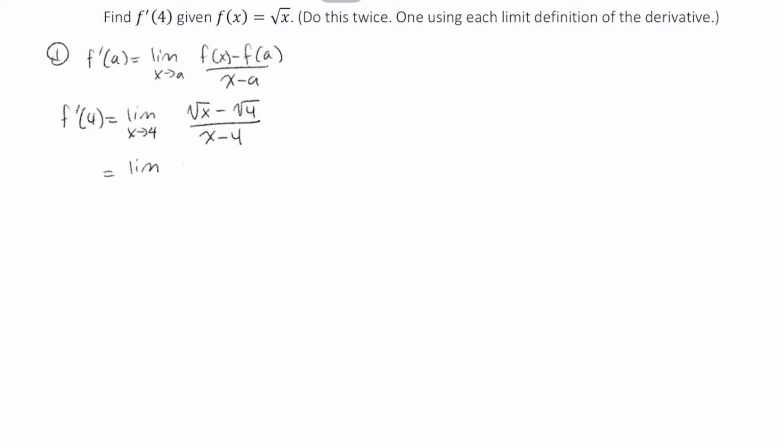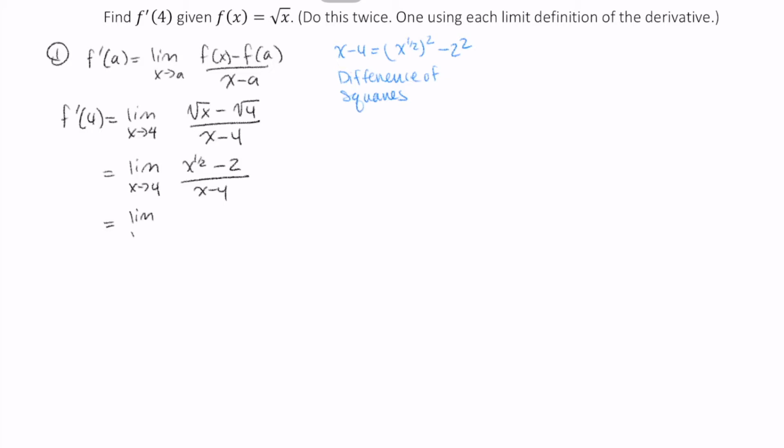So this is the limit of x to the 1/2 power minus 2 over x minus 4 as x approaches 4. As an aside here, x minus 4 can be written as x to the 1/2 power quantity squared minus 2 squared. And that's on purpose. I want to write this as a difference of squares. Doing so lets me do something really nice here in the denominator.